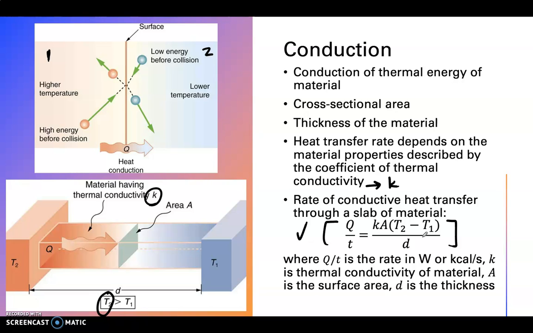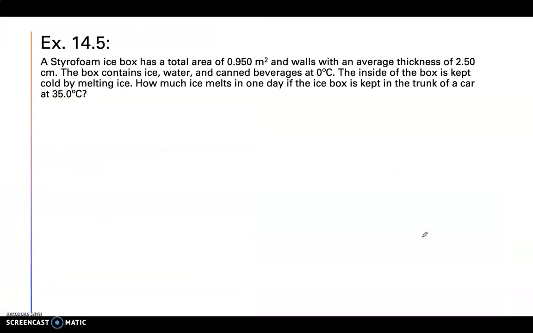Okay, so let's go ahead and do an example of this, which again, I'm not going to be able to finish in this amount of time, but I will finish it in the next video. So example 14.5. This states a styrofoam icebox has a total area of 0.95 meters squared and walls with an average thickness of 2.5 centimeters.